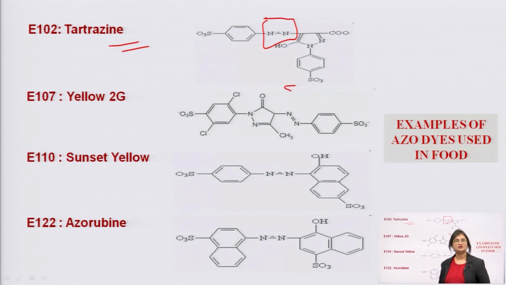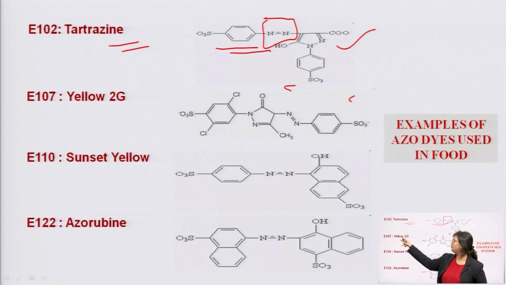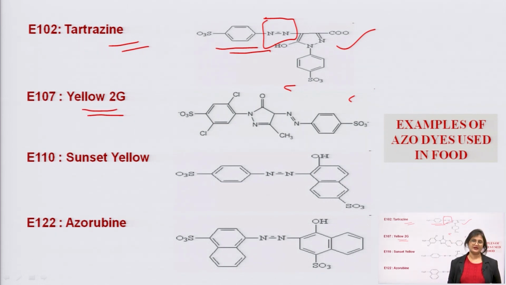The diazonium salt forms a coupling reaction to form tartrazine. Similarly, yellow 2G is another type of azo dye. Sunset yellow is the third type of azo dye.